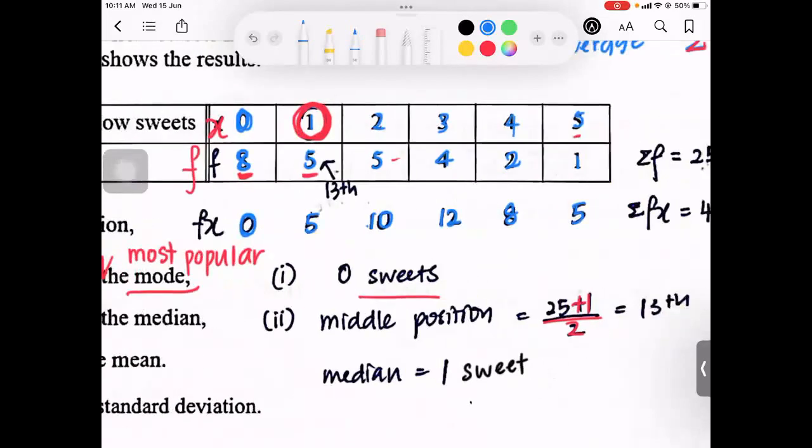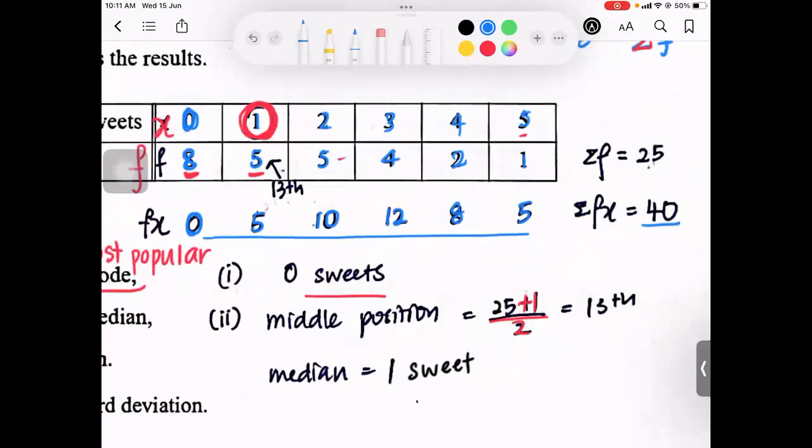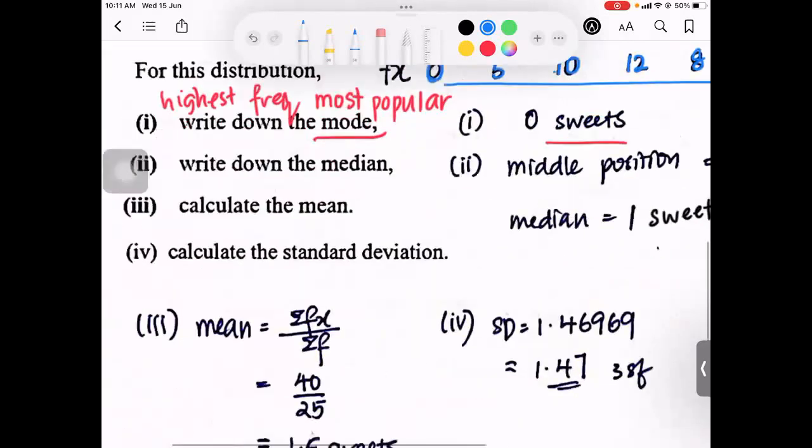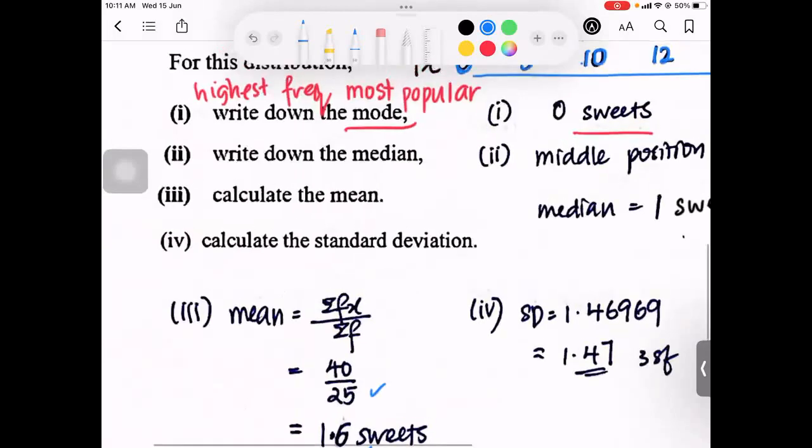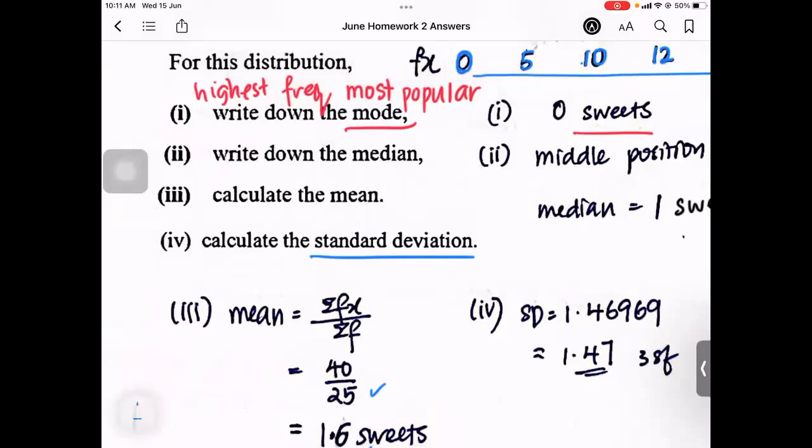Add up all these numbers, sum up all your fx, that's 40. Divide by my total frequency, 25. Okay, so you have this. Because the next part says standard deviation, I still need to key this into my calculator.